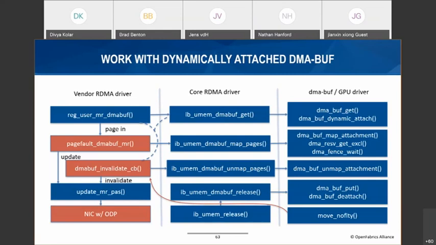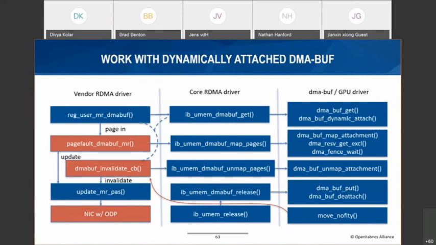When the invalidation callback is called, it will call the DMA-BUF unmap pages to free the reference to the DMA-BUF pages, so the DMA-BUF can go ahead and move the pages.